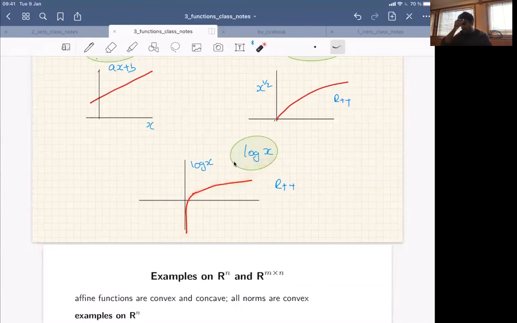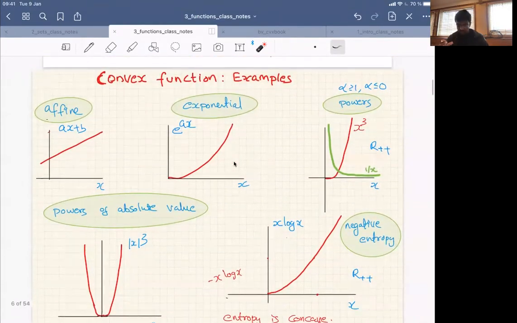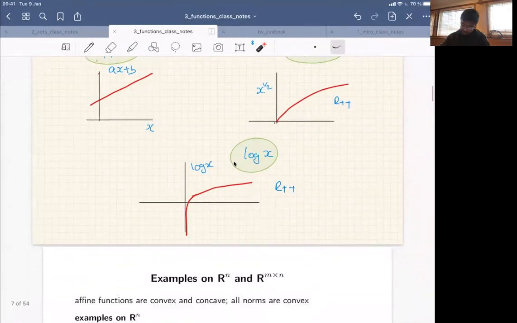Okay, so it's better you remember these functions because they often come up. The moment you see a log x, if you can say that okay, this is a concave function, then that makes your things easy.